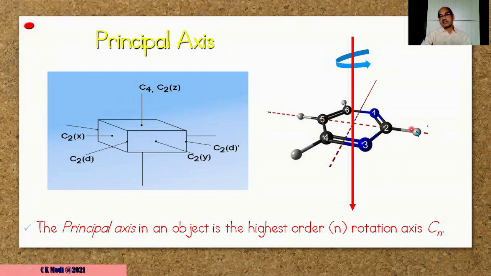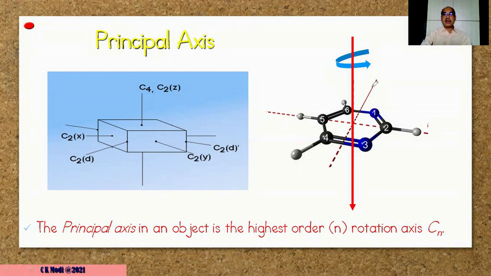If I pass this axis, look at this dotted line, and rotate it by 180 degrees, what will happen? Carbon 4 interchanges with carbon 6, carbon 3 interchanges with carbon 1. However, carbons 5 and 2 remain as they are because they are situated on the axis.